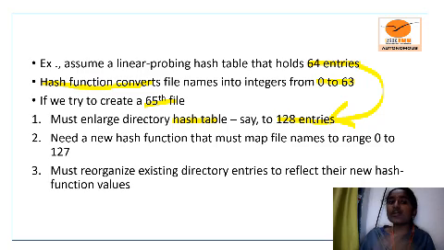Now if the directory enlarges, then the hash function automatically changes the range from 0 to 127. First it has the range 0 to 63 for 64 entries. Now for 128 entries the range changes from 0 to 127, and it recognizes the existing directory entries and reflects the new hash function.